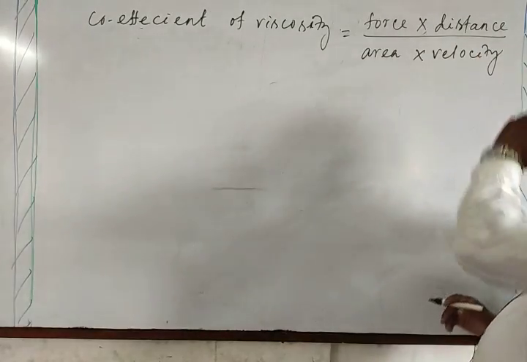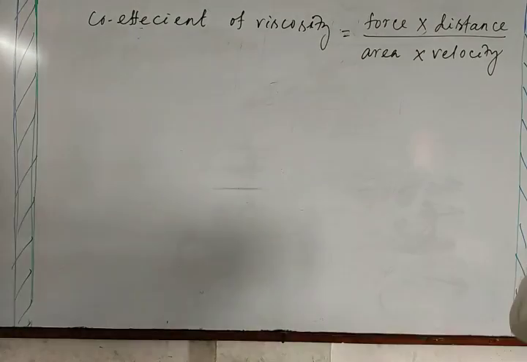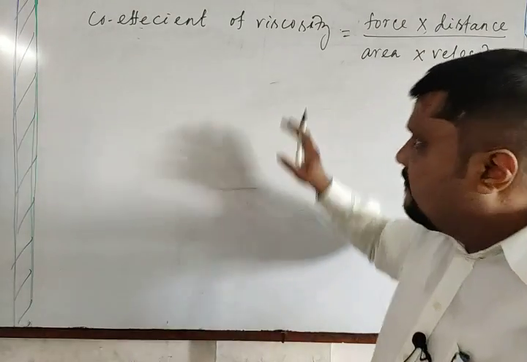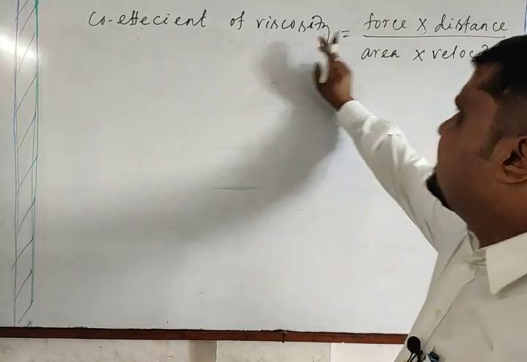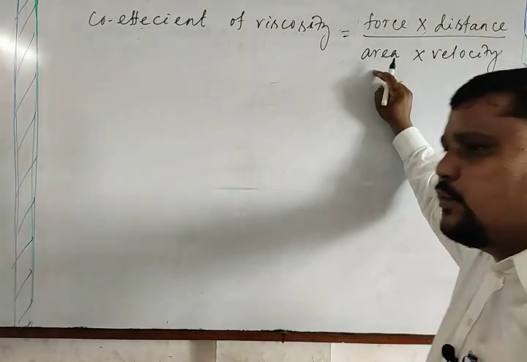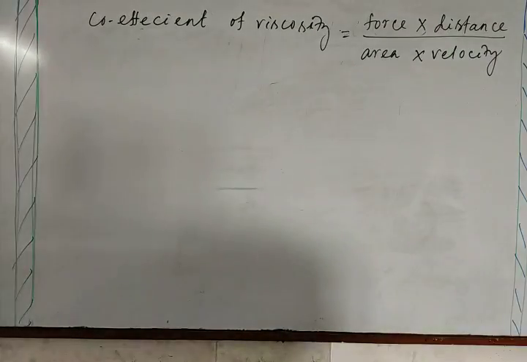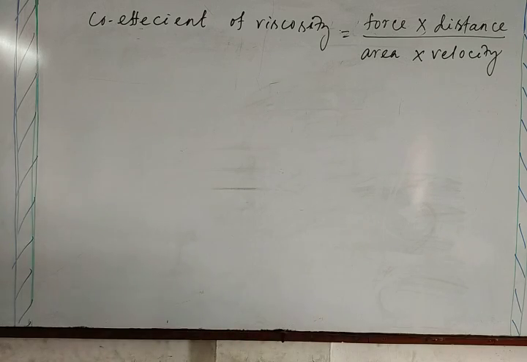For the time being, to calculate the coefficient of viscosity, you remember this formula. When you go for fluid mechanics, then you will derive this formula also. So the force into distance by area into velocity.